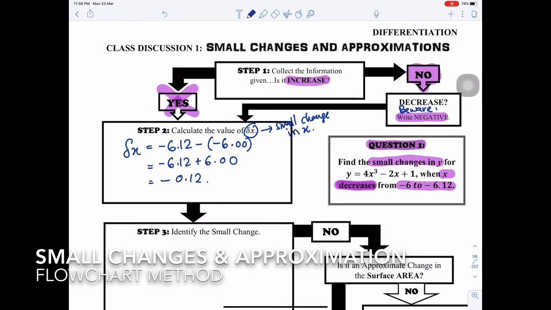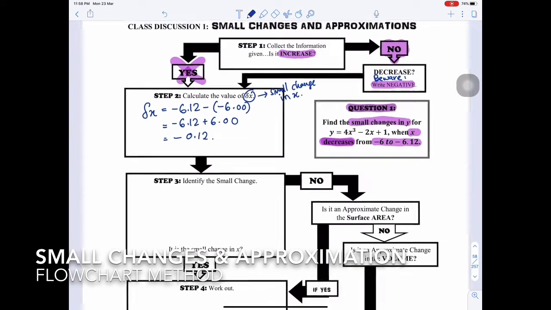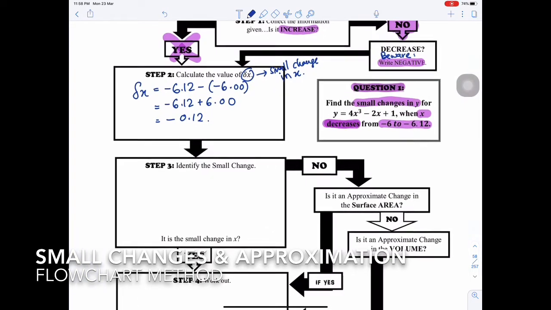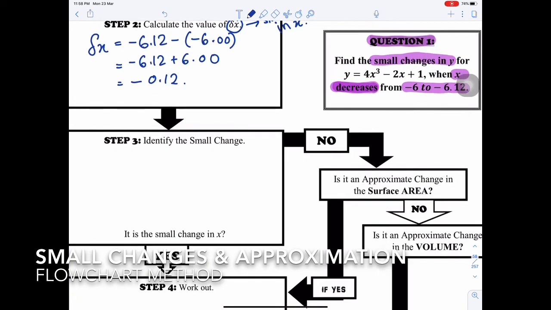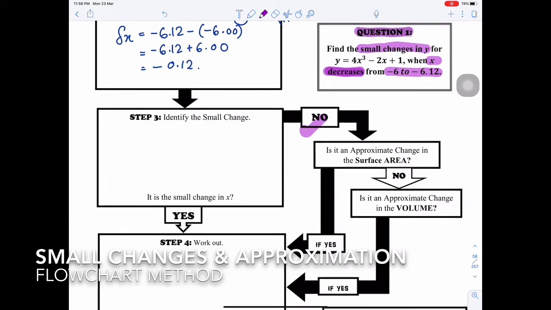Next step, step 3, identify the small change. Okay, small change in y. So is it the small change in x, in x or in y? Alright, from the question, if we select no, you have to answer the question given: is it an approximate change in surface area or in volume?